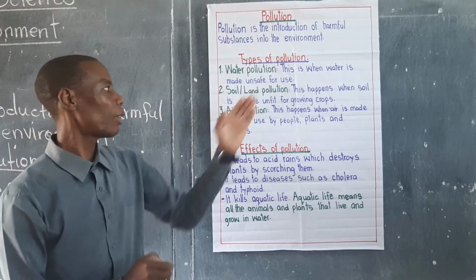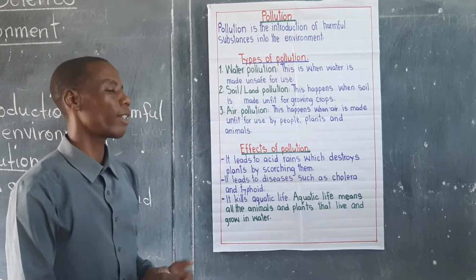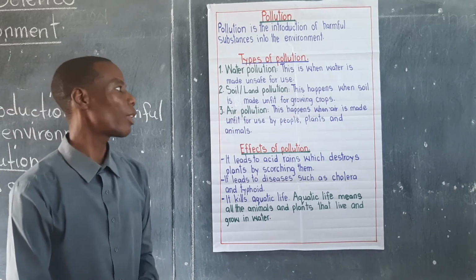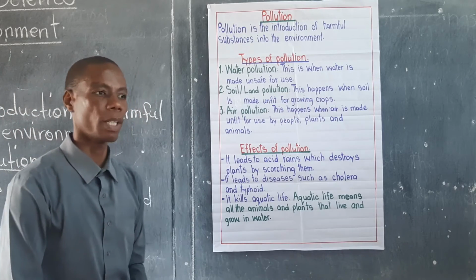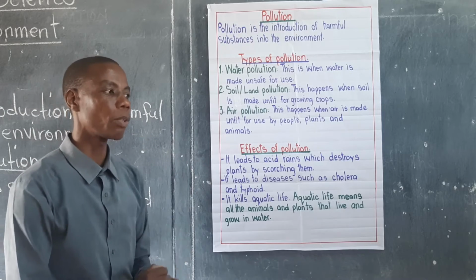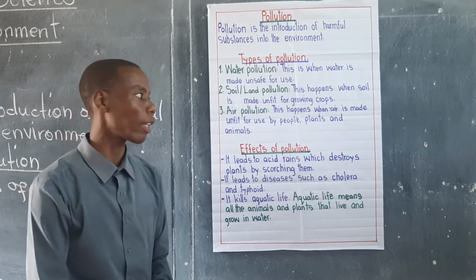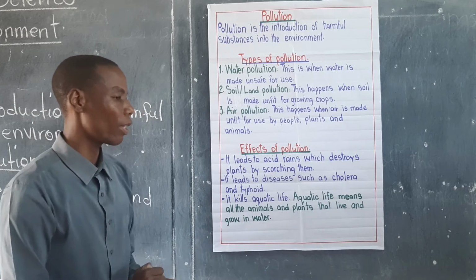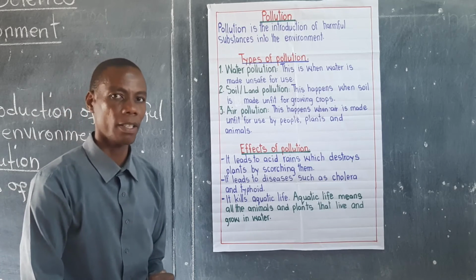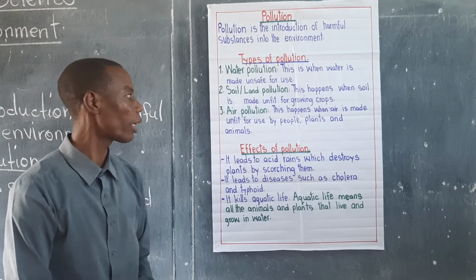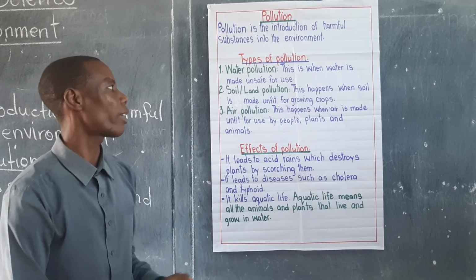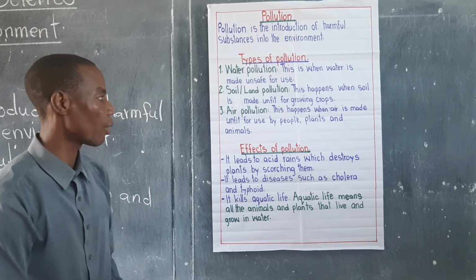Soil or land pollution. What is soil or land pollution? We are saying it happens when soil is made unfit for growing crops. Remember, we grow different crops through soil or land. Now, when we pollute the soil, it will become unfit. It won't be able to make crops do what? To grow well. So when you do that, you have polluted the soil.